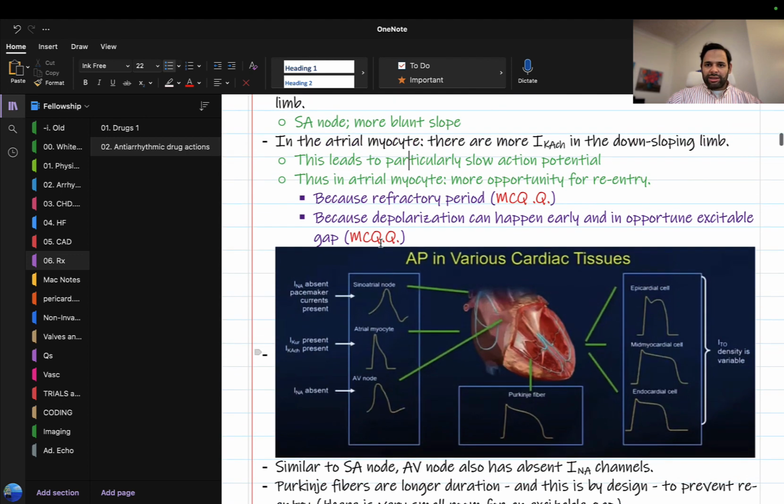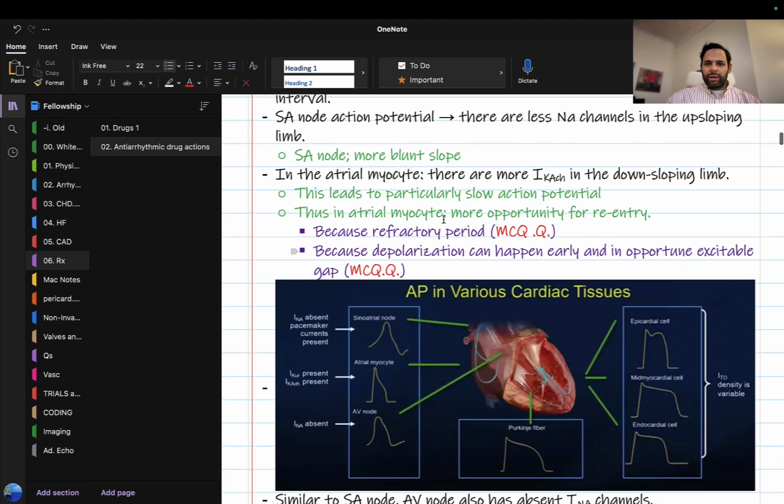And what that does is give us a slow downsloping limb. See the slurring there. And that will also be particularly important for opportunities of re-entry in the atria.